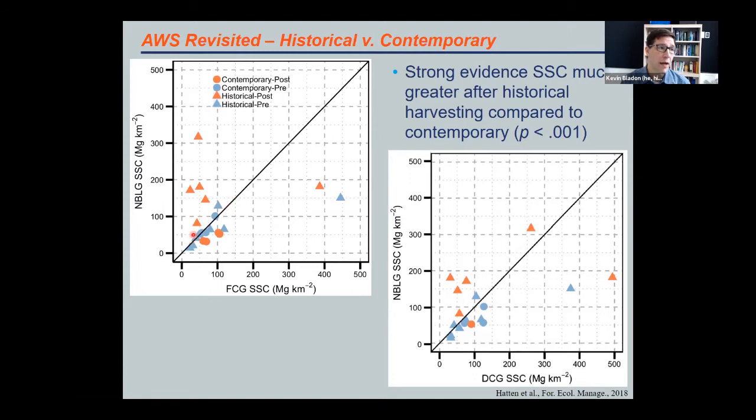And you can see from that relationship that old historical 1960s harvest led to 3 to 6-fold increases in sediment. They did so also in this catchment relative to Deer Creek, which really led to incorporation of riparian areas in the Forest Practices Act, as we didn't see that change with Deer Creek, where we had riparian areas retained for the first time.